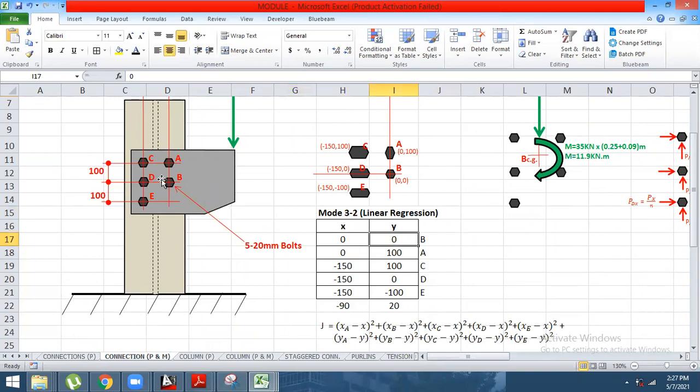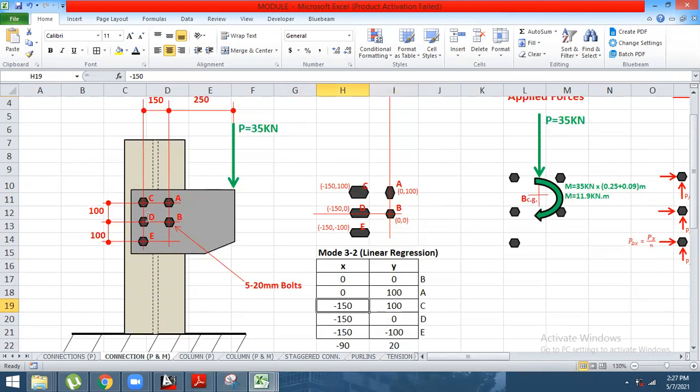At bolt A, pataas siya 100. So yung x niya is 0, then yung y coordinate niya is 100. Bolt C, the x coordinate niya is negative 150, then aangat siya, it will go upward by 100.